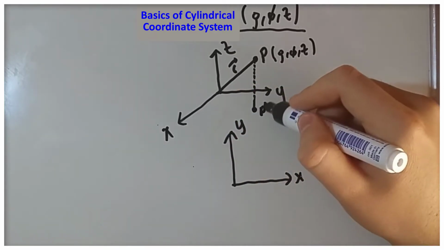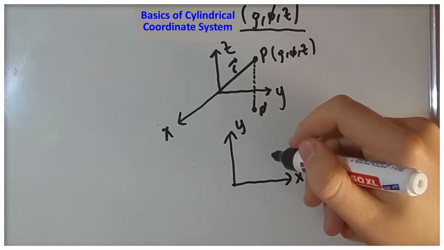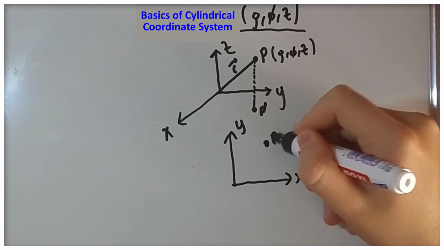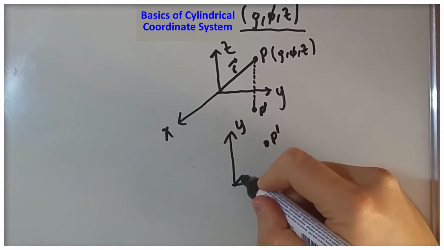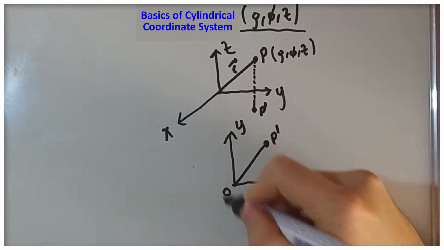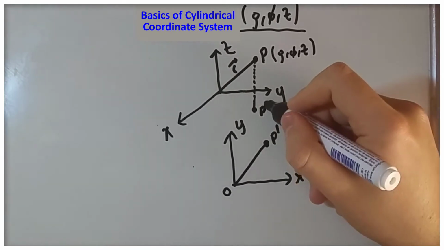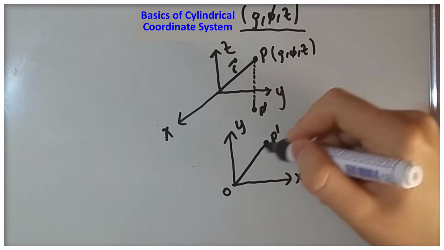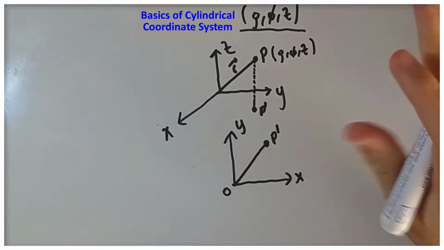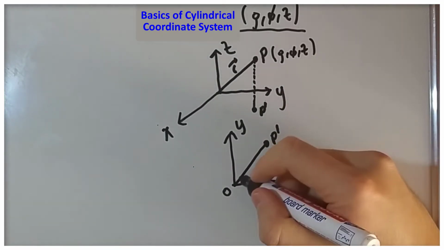The P prime point projected on this xy plane is in a place like this. Then from the xy origin to the P prime point, I took it directly to the xy plane.